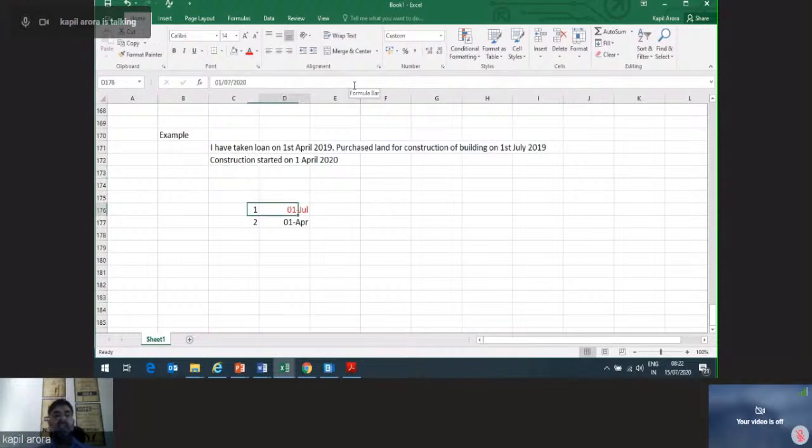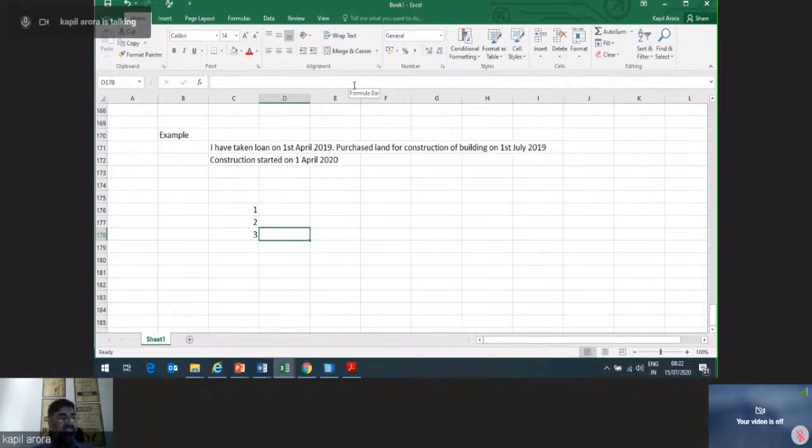Right? So what would be the date for this? 1st April, right? What would be the date we are going to consider when all three criteria are satisfied, that I am incurring my expenses also, I am incurring borrowing cost also, and at the same time my construction activities are also in progress.